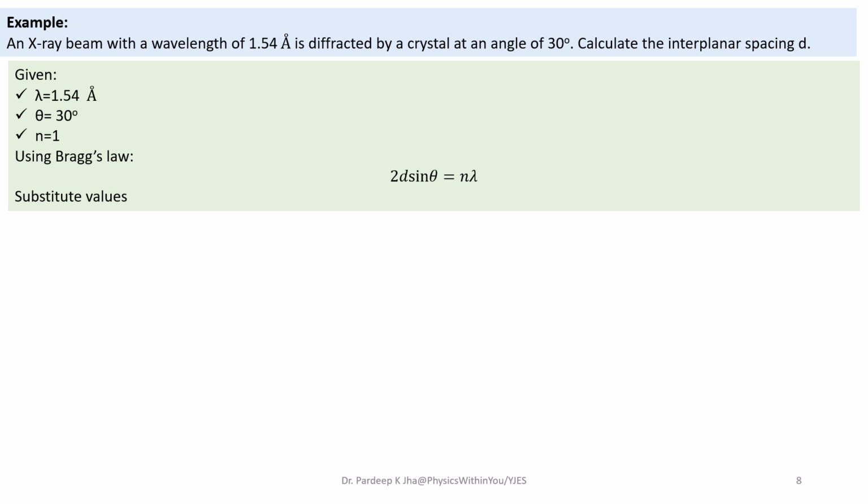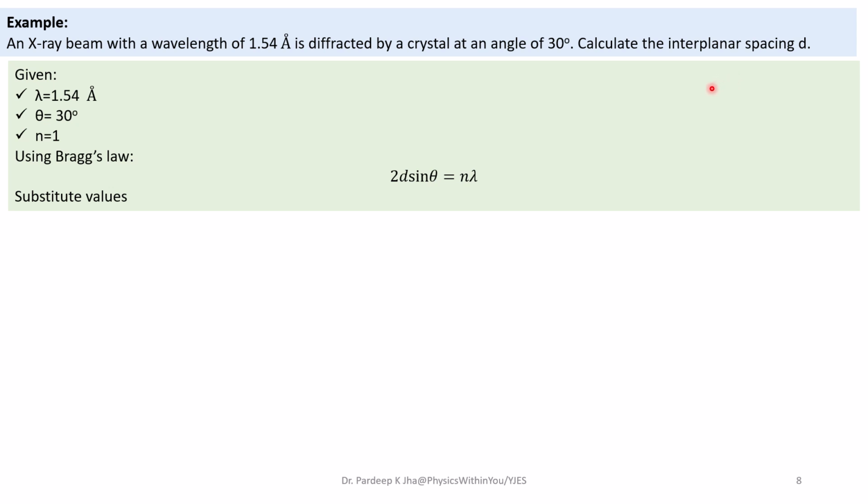I have taken the easiest numerical, because numericals are always easy if you know the concept, and I always say this. Here a beam is given with wavelength of 1.54 angstrom and angle theta. So interplanar spacing, that's simple. If I say the material is cubic and ask the lattice constant, you can do that also.